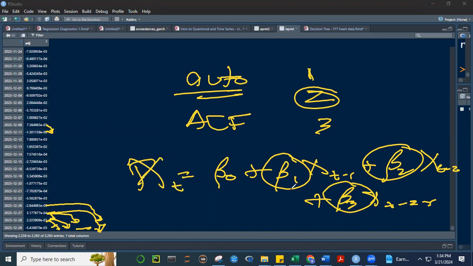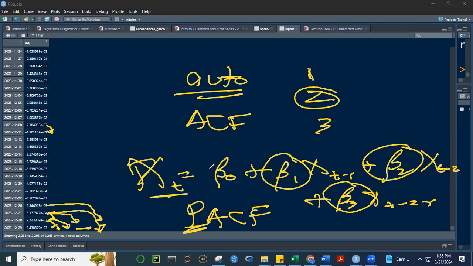The betas generated via a linear regression model are called your partial autocorrelation functions. It is partial, meaning it is a partial contribution to the modeling of x sub t.